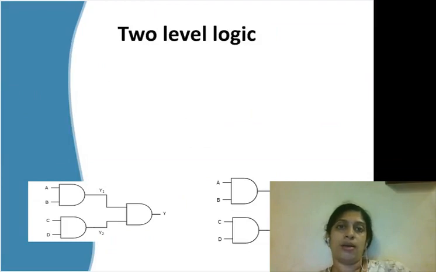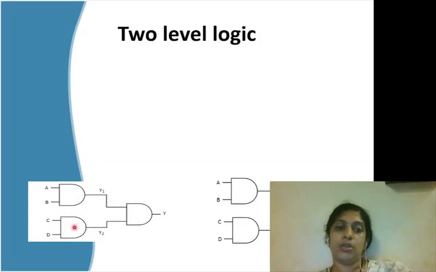Now, I'm just giving a basic idea of two-level logic gates. Here I have given two logic circuits. In the first logic circuit, we are using two AND gates with 4 inputs, that is 2 inputs fed into one AND gate and the other 2 inputs fed into another AND gate, and the outputs of these 2 AND gates are given to the third AND gate.